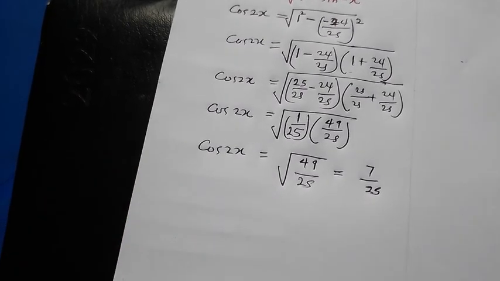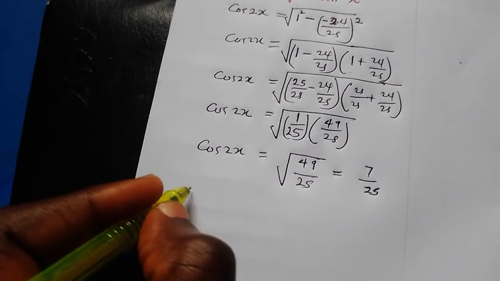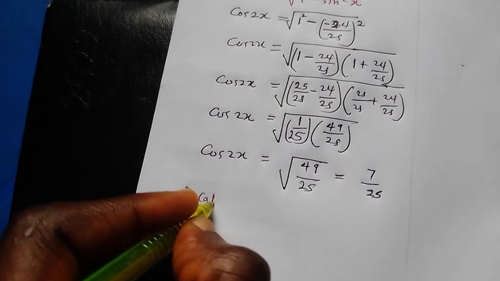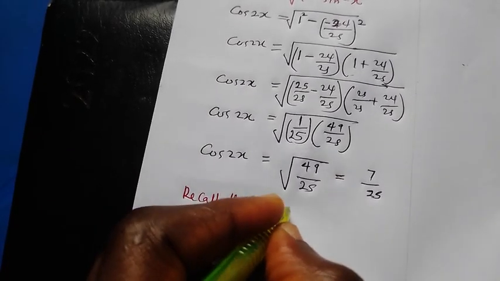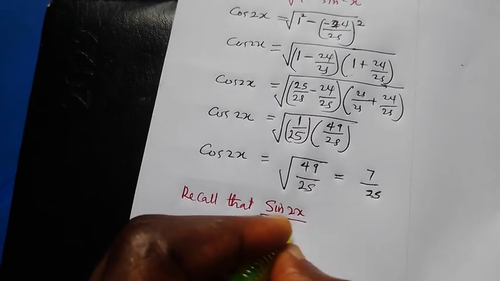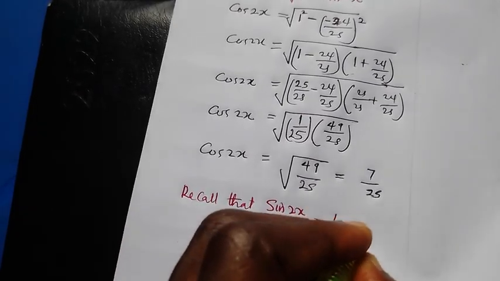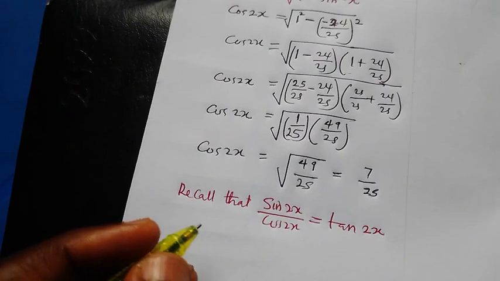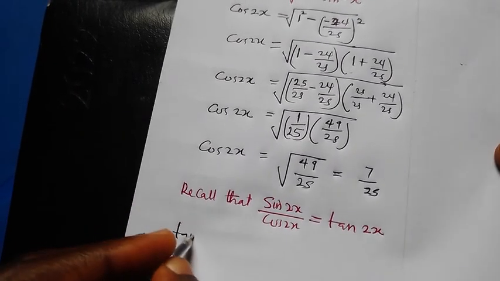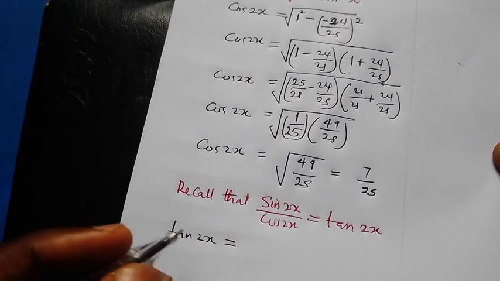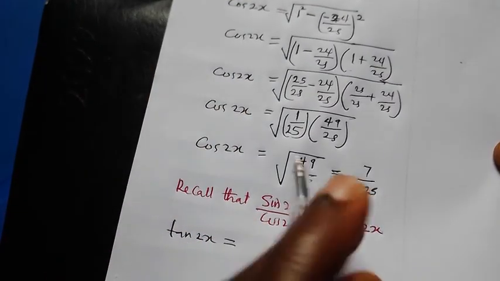Now, another identity that will help us further here is to recall that sin 2x over cos 2x can be written as tan 2x, right? So meaning that tan 2x is equal to what we have already obtained.